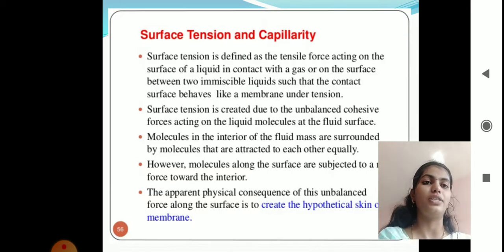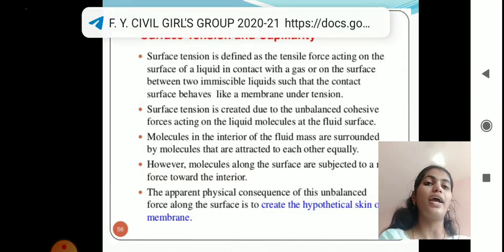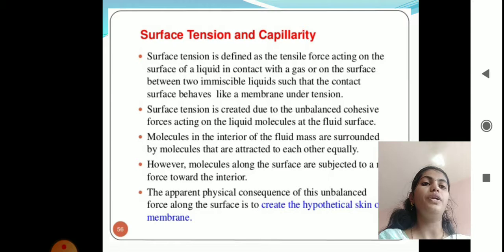Now, surface tension and capillarity. Surface tension is defined as the tensile force acting on the surface of a liquid in contact with a gas, or the surface between two immiscible liquids, such that the contact surface behaves like a membrane under tension.